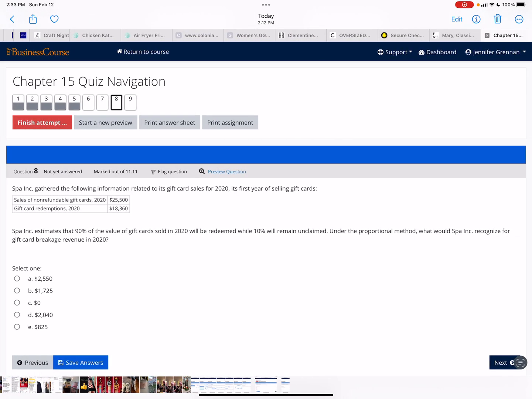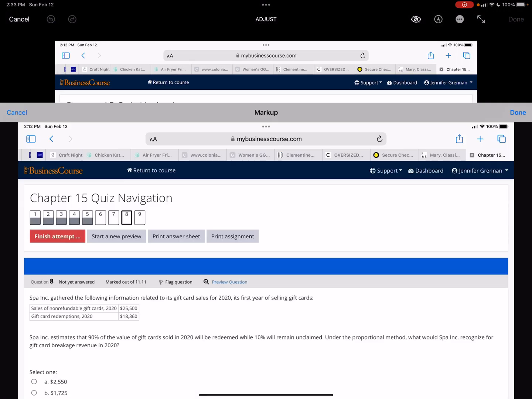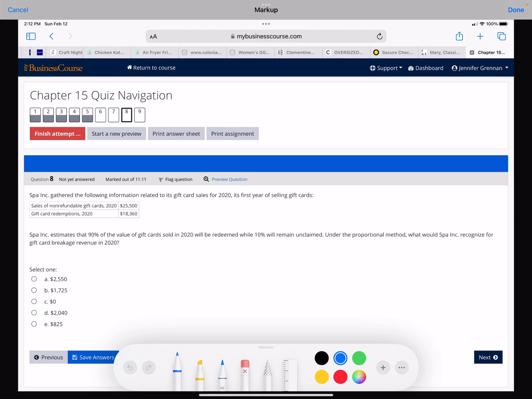Number 8, okay, on this one, we are working with gift cards. So we've got non-refundable gift cards sold in 2020, and we had some gift card redemptions. Here you're doing that proportional method. So you say, well, if I sold, let me get my pen going. All right, so I sold 25,500 in gift cards, right?